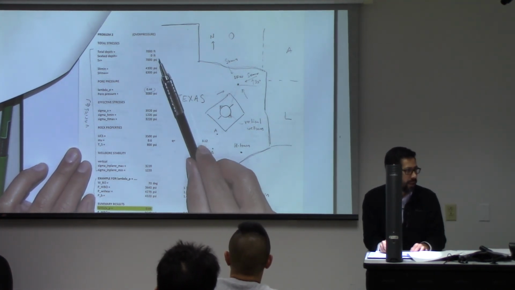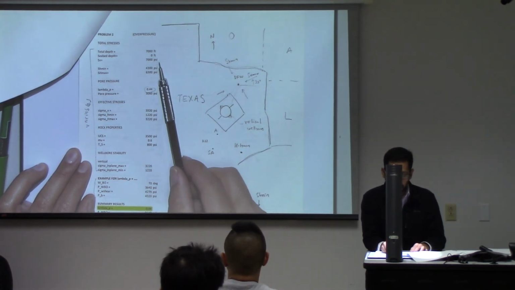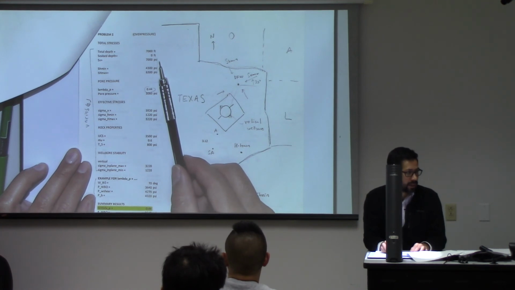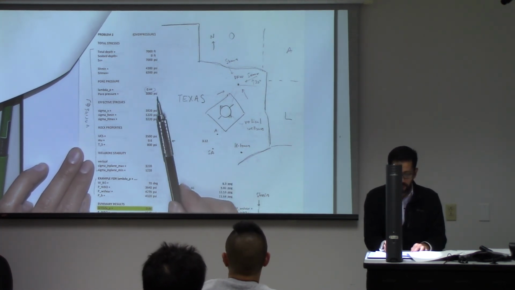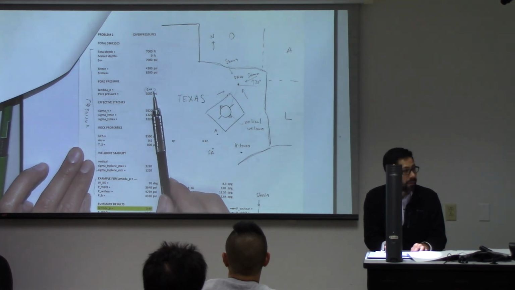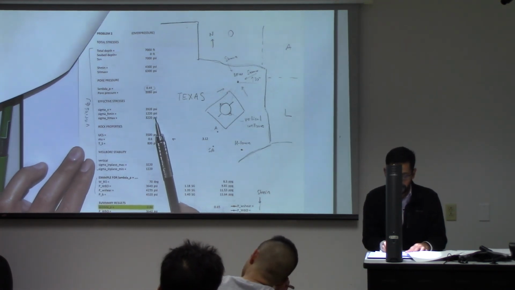So calculate stresses, then you know total depth. In this case, this is the vertical total stress, horizontal total stresses. This is the parameter of overpressure, so you can get the pore pressure. After that, very important, always calculate effective stresses.